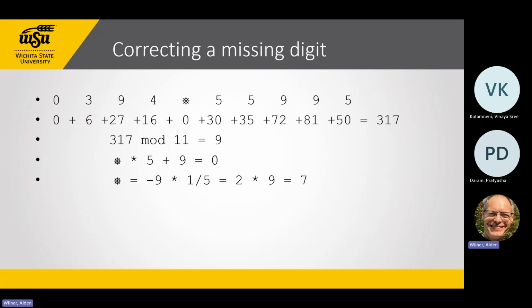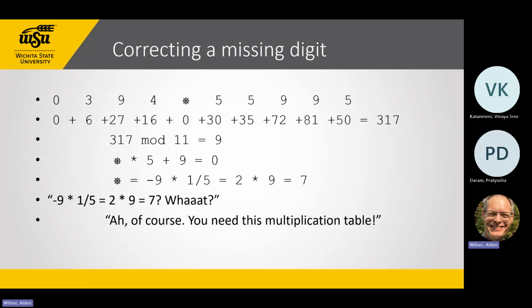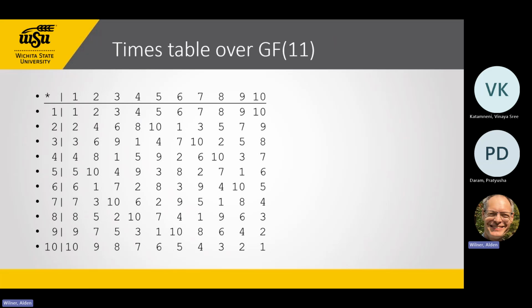So that means that splat is equal to minus 9 times 1/5, which is equal to 2 times 9, which is equal to 7. Minus 9 times 1/5 is equal to 2 times 9 is equal to 7. What? Of course, you need this multiplication table right here. Times table over a Galois field of size 11, a finite field.